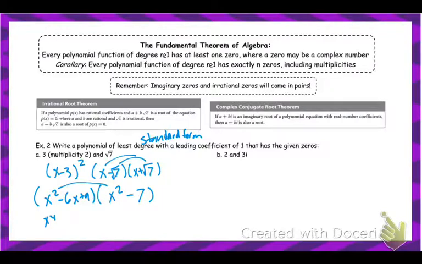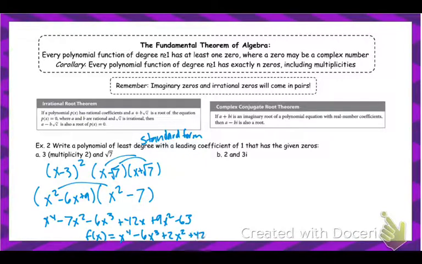So x to the 4th minus 7x squared minus 6x cubed plus 42x plus 9x squared minus 63. Combine my like terms, and I get my polynomial, which would be x to the 4th minus 6x cubed plus 2x squared plus 42x minus 63.